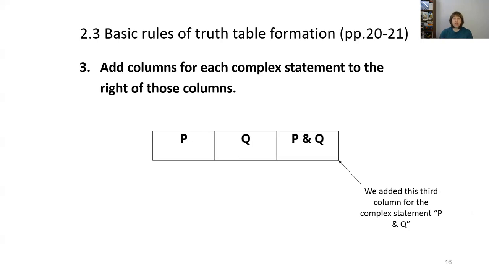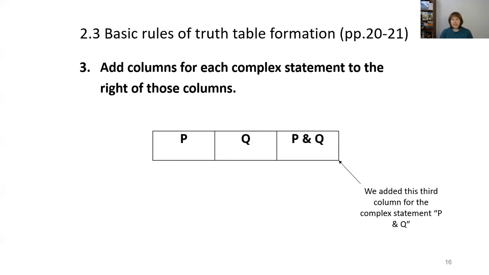Now, depending on the number of simple statements and complex statements we have in an argument, we might have virtually any number of columns. Here again, just for the sake of giving you manageable things to do, I'll try not to ever give you a question that makes you do 20 columns or something like that. Depending on the argument and how complicated it is, you might have very few columns, you might have several columns.